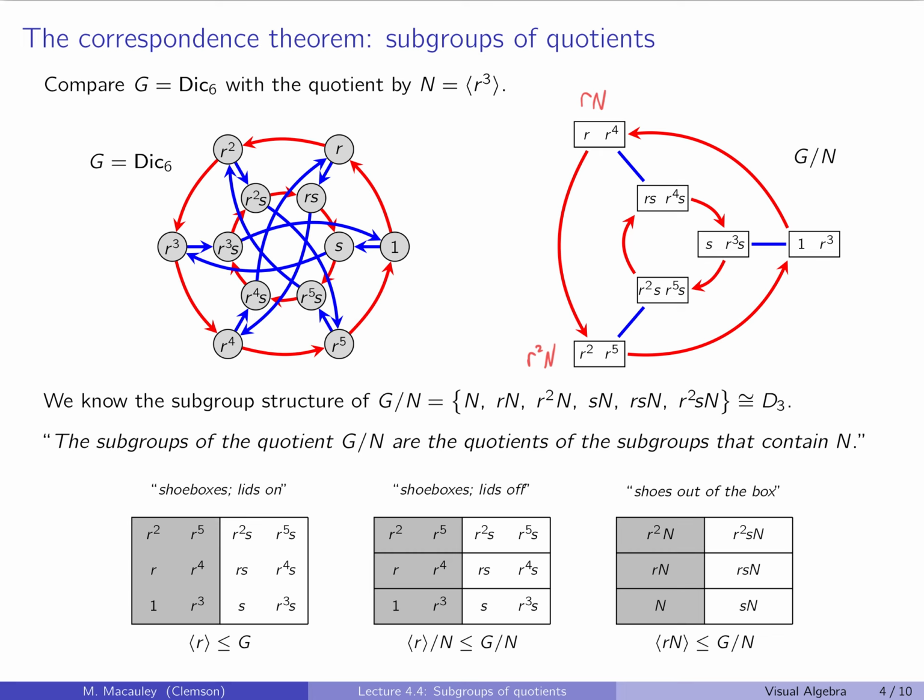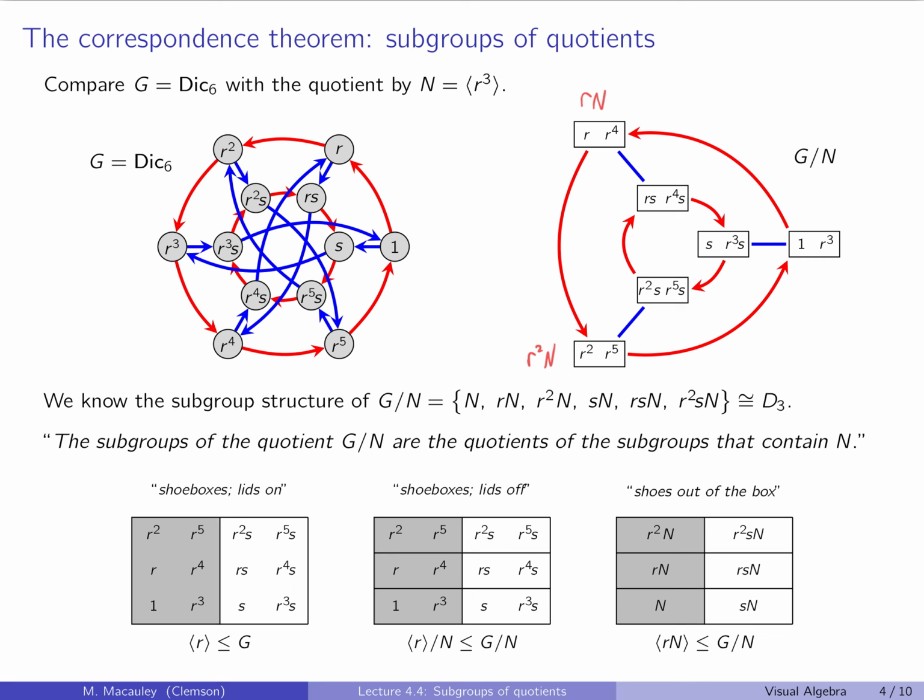And if we think of these cosets as shoeboxes, each one containing 2 shoes, that is the elements, then if we take the lids off these boxes, exposing the elements inside, we see that the elements that are in these 3 cosets are precisely the ones in the subgroup generated by R in the original group. That is right here.